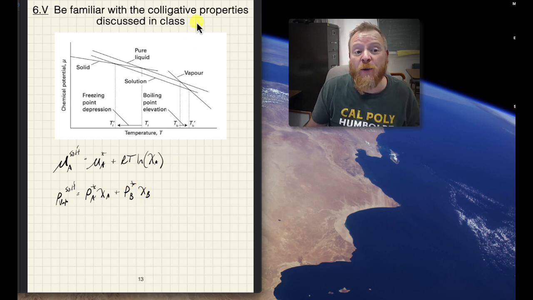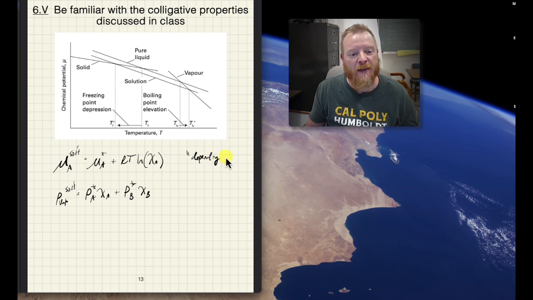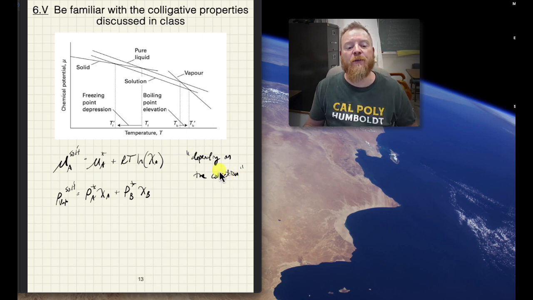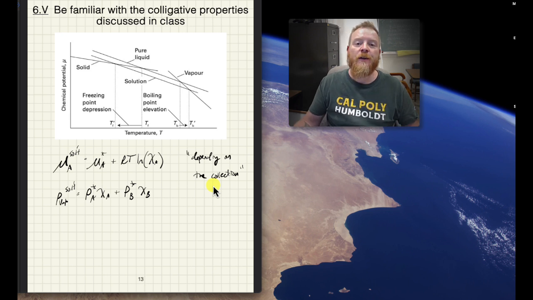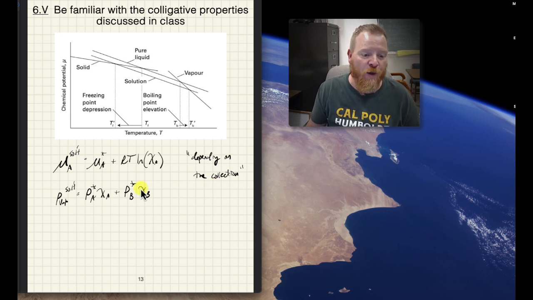Now, generally, with respect to the colligative properties, colligative refers to the statement depending on the collection, okay? And we also typically think about this with solvents and non-volatile solutes.